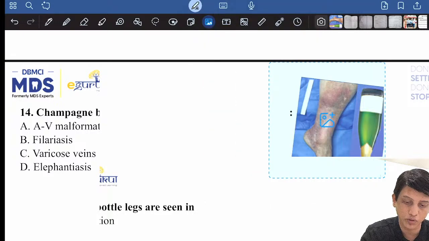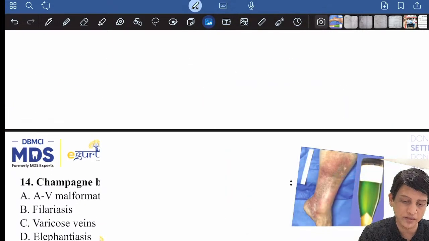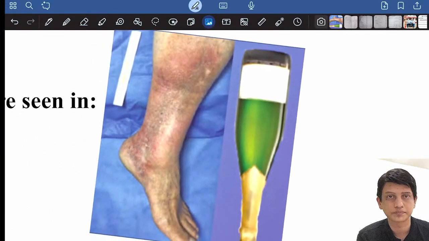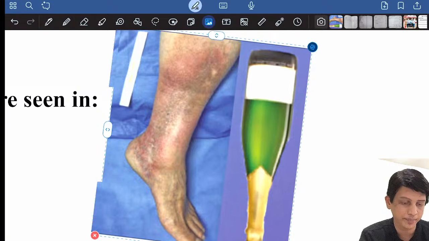Okay, this is the champagne bottle appearance. Understood? In which condition do you get this champagne bottle appearance?